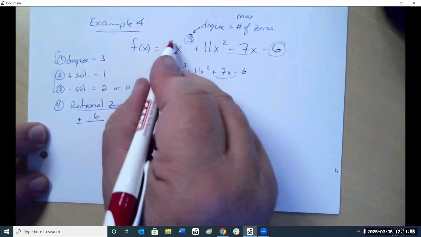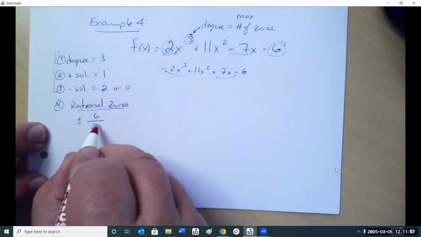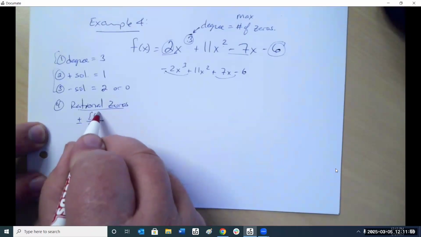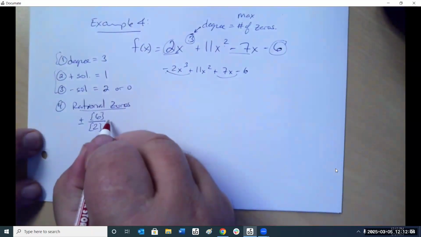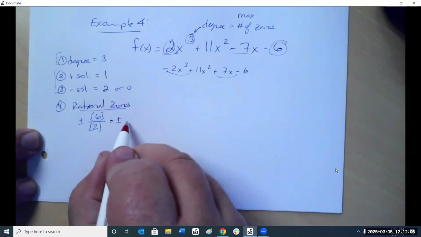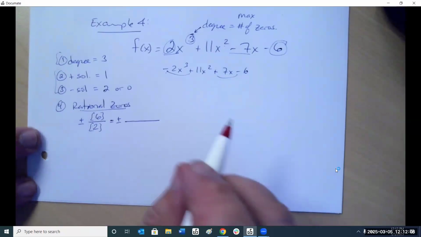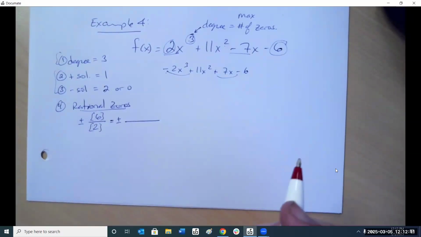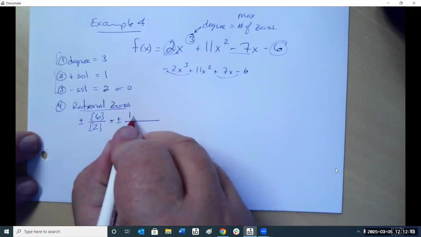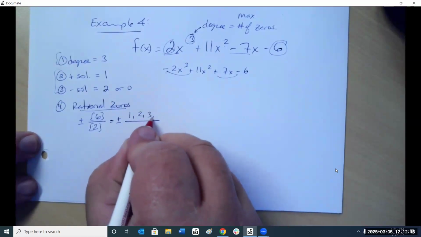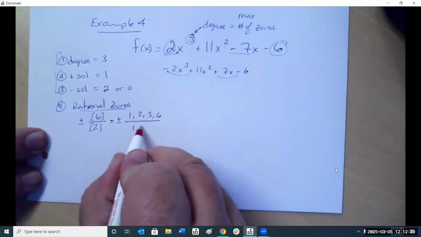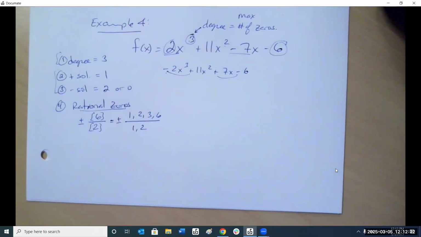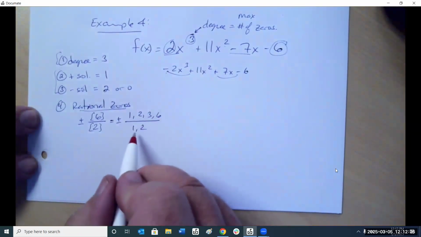And the bottom number is always going to be the first number, the leading coefficient. I want the possible factors. So what can 6 factor out into? 1 times 6 or 2 times 3? 2 can factor out into 1 and 2 only. So we have 4 on top, 2 on the bottom.